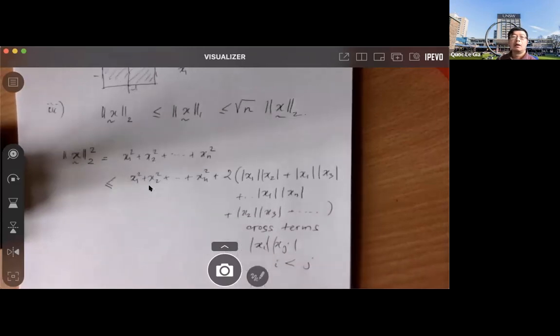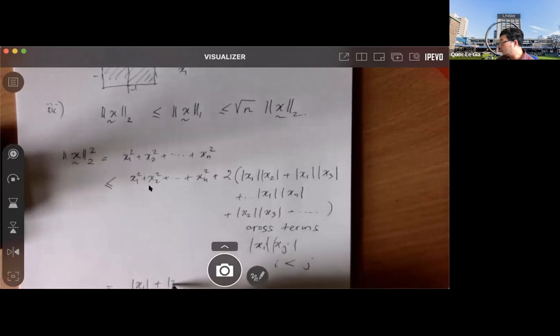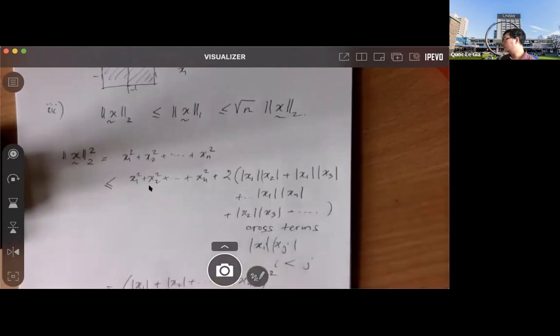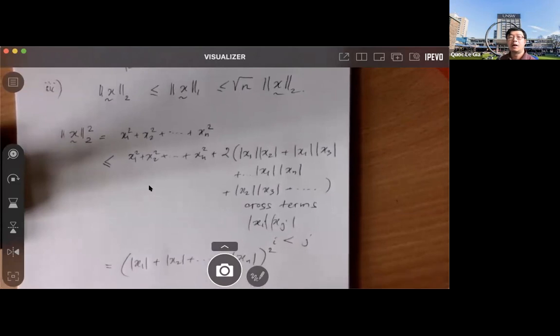Okay. And if you remember the identity, this one will equal the absolute value of x1 plus the absolute value of x2 plus up to the absolute value of xn, everything squared. So remember this identity, right? Maybe you've seen it somewhere. If you square this one, then you get x1 square plus x2 square plus xn square, right?